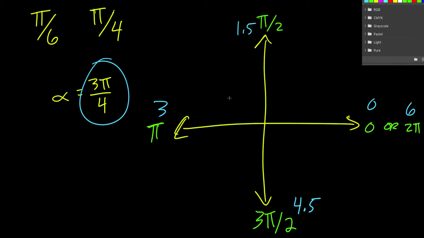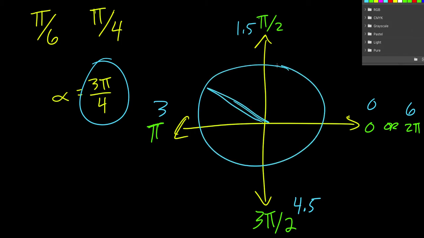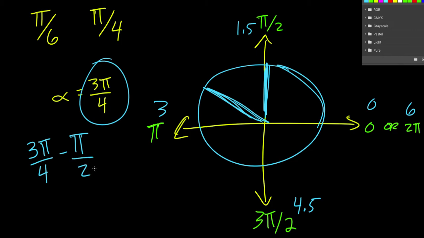Now, I'm not concerned specifically where it's at, but I just know that I'm going to have an angle that's in this quadrant. So that's really what I'm looking for, which quadrant am I in. Now, because I know that this value right here is pi halves, I'm going to subtract pi halves from that, and that's going to give me the remaining angle.